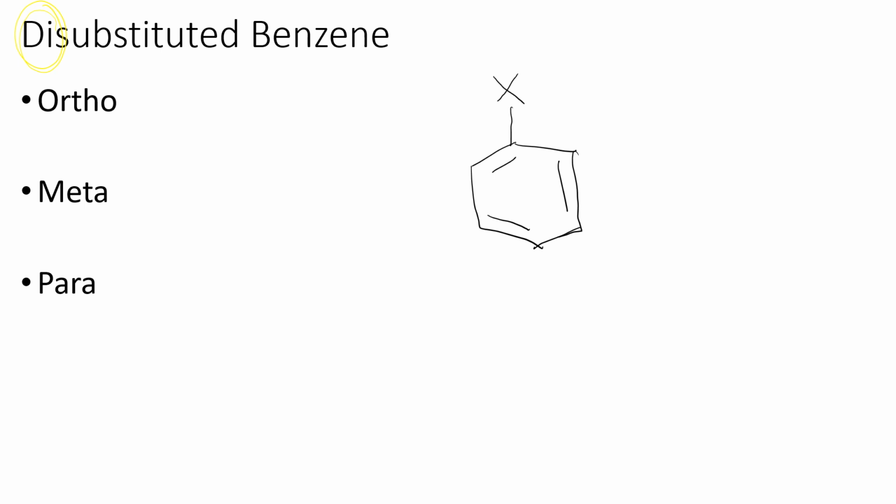Where I place the second one is what is going to dictate the prefix that we would use. So this would be my ortho location. The ortho location on a di-substituted benzene has a 1-2 relationship between the 2 substituents. And it does not matter which side. What matters is that 1-2 relationship.